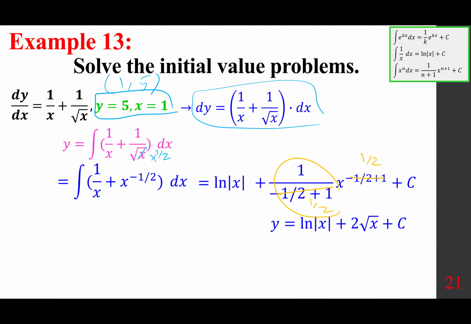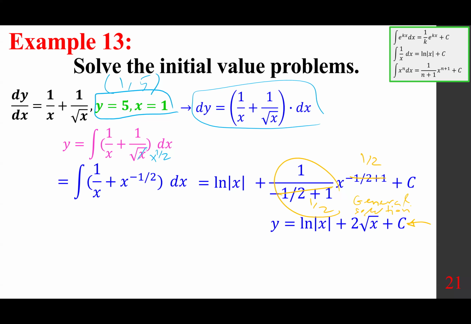So again, if we didn't have the pair 1, 5, we would be done, because we just found the general solution, everybody. This is the general solution. And why is this called the general solution? Because of this, it's a family of functions.